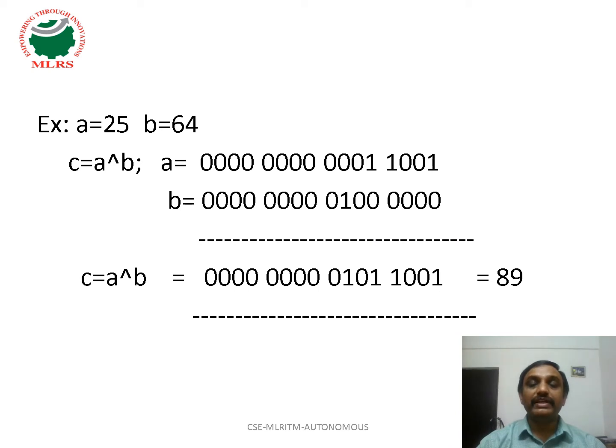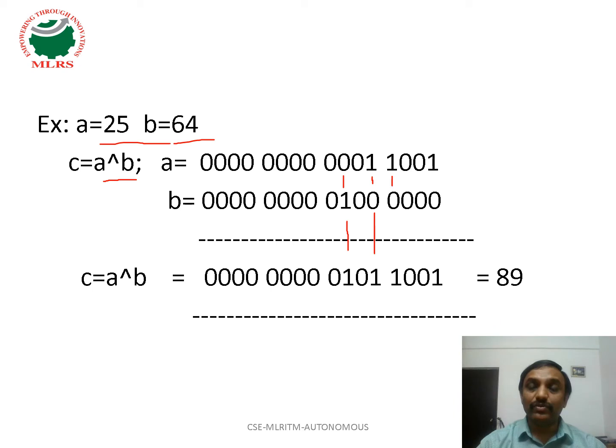Next one is bitwise exclusive OR. Given two inputs, we converted them into binary form. Then how to take the result? If both the input values differ, then the result is 1. So you observe here 0, 1, both differ, so 1. Here 1, 0, both the input values differ, so the result is 1.